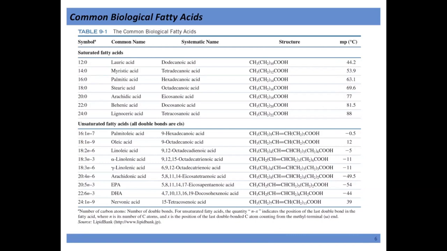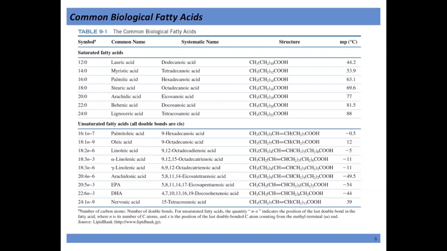So you can kind of pick out some trends here. These 18 carbons right here, as we increase the number of double bonds, the temperature goes down. In fact, these two here both have 3 double bonds. It's just the location of the double bonds.